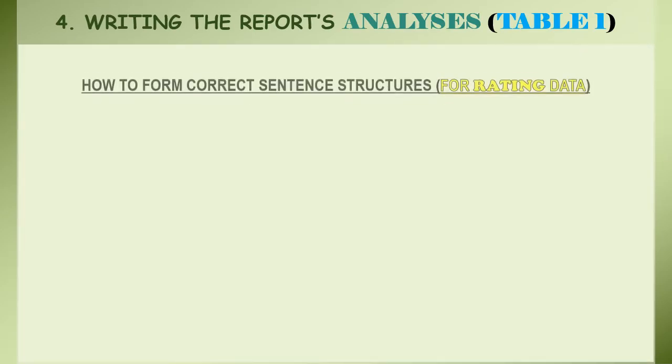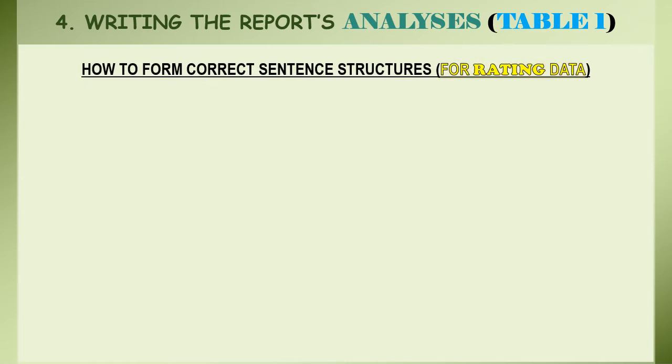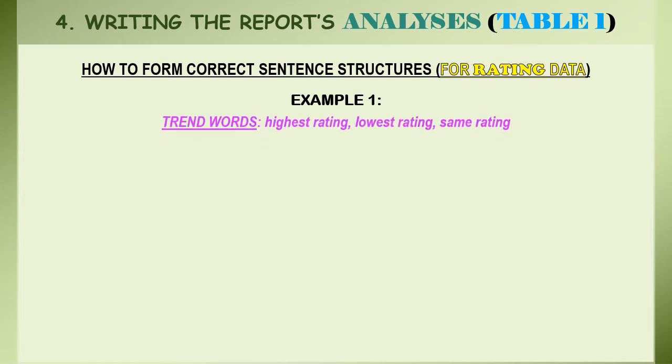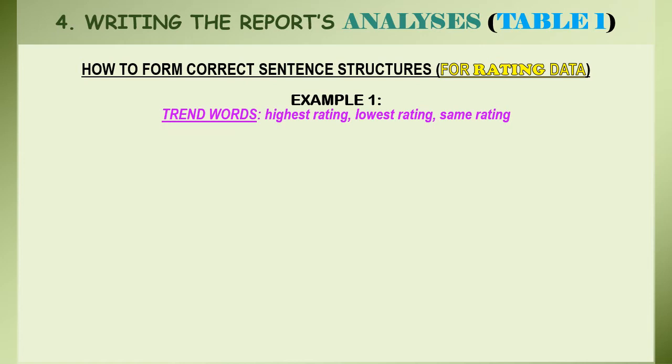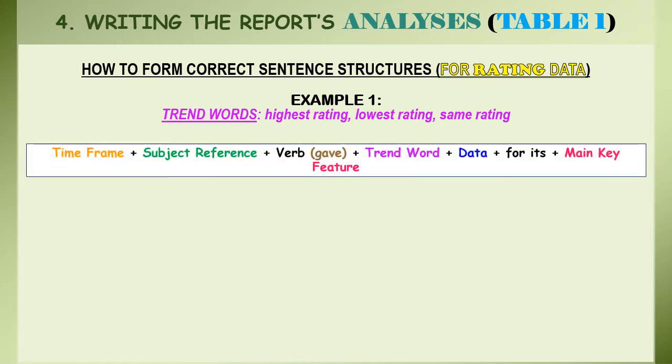Now, we are going to look at examples of analyses that can be formed based on Table 1. The main data type in Table 1 is the rating data. Here, we are going to use the trend words highest rating, lowest rating, or same rating.